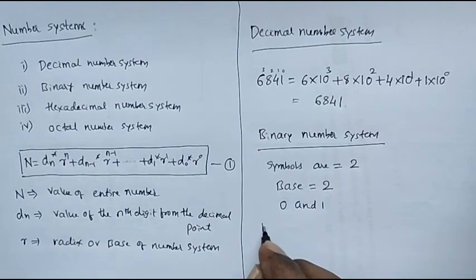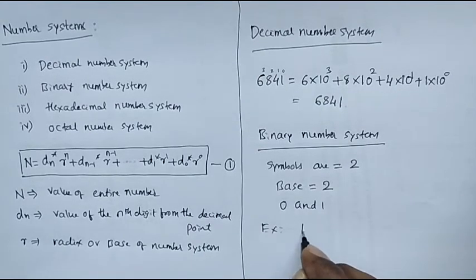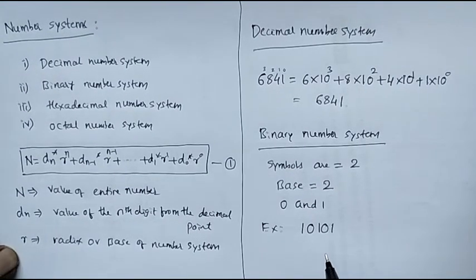Any binary number can be represented like this, this is the example for binary number. Here each number in this binary number is known as bit. That is, here 1 is a bit, 0 is a bit, 1 is a bit, 0 is a bit, and 1 is a bit.